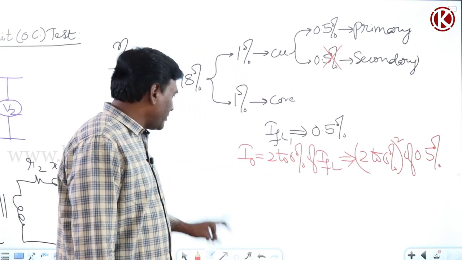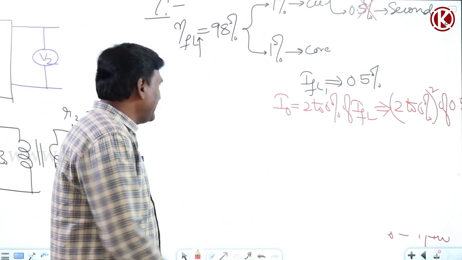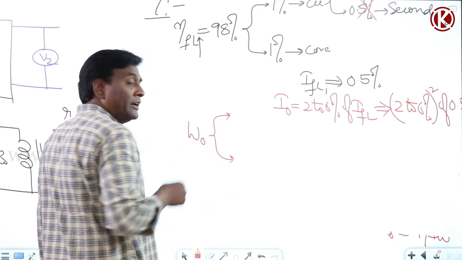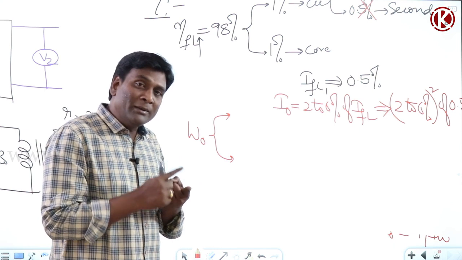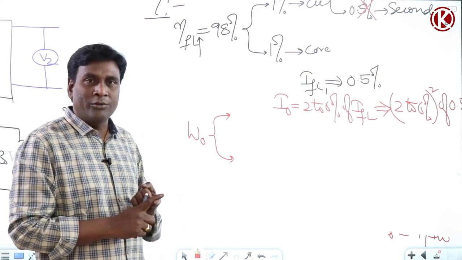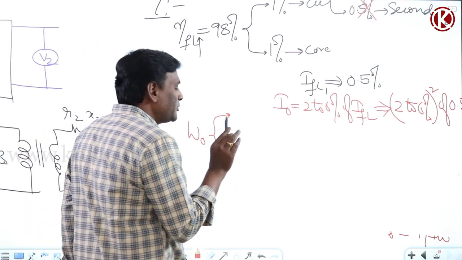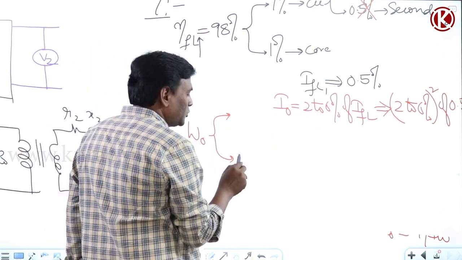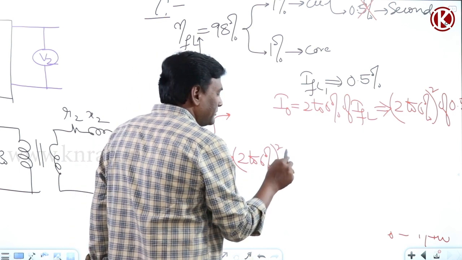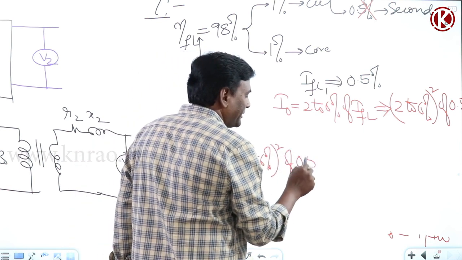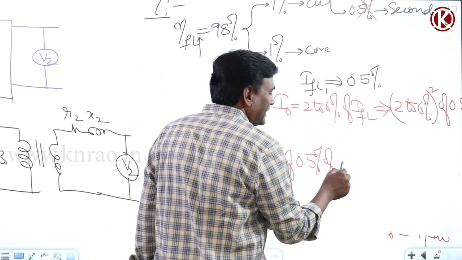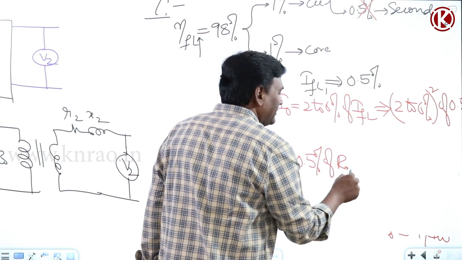Now let us think of my wattmeter reading, W0. My W0 has to record the primary winding copper losses due to no load current, only the primary winding since the secondary winding current is not flowing, plus the core loss component. The primary winding copper loss is going to be 2 to 6% squared of 0.5% of rated capacity.